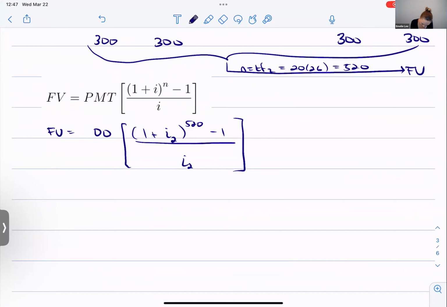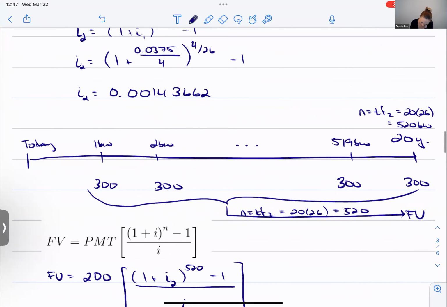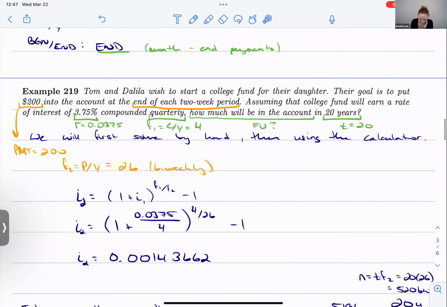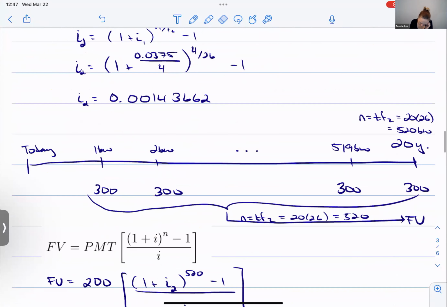Change this, pretend nothing ever happened, right? Because the payment amount is 200 and I don't know where I got 300 from, but let's just change these to 200s. There.